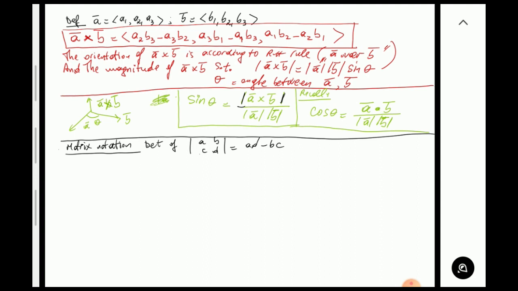There is also a formula for the determinant of a 3 by 3 matrix, which is by expansion of minors on the first row, or any row for that matter.